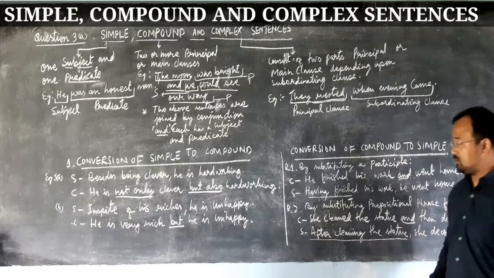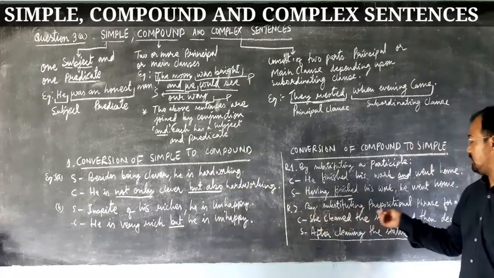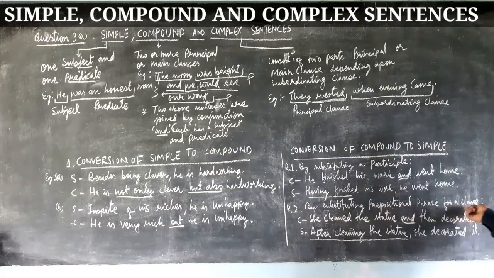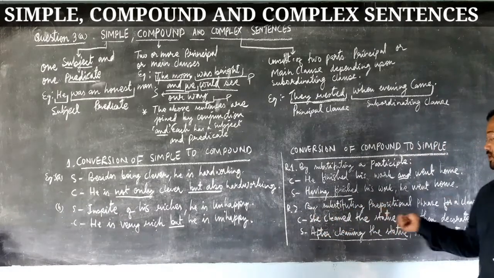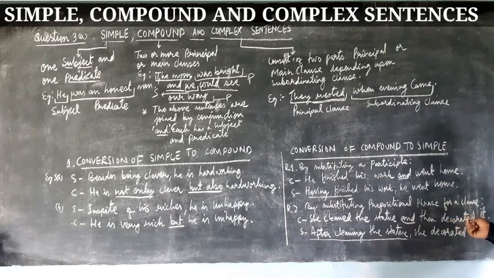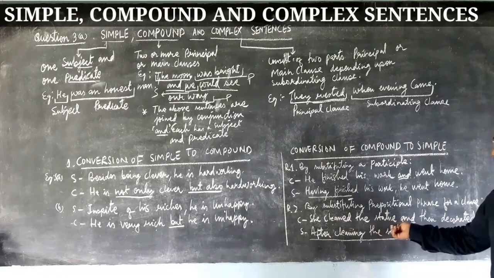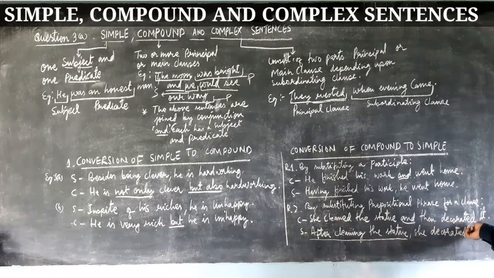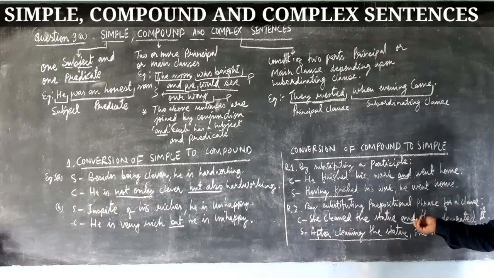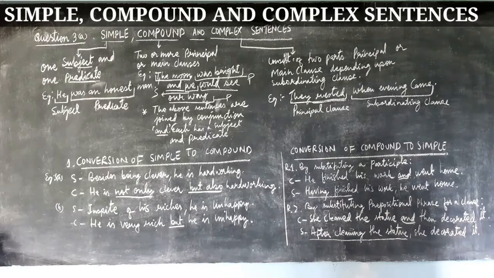Next one, rule number 2 says by substituting prepositional phrase for a clause. Now here you are substituting a prepositional phrase. Okay, like here she cleaned the statue and then decorated it. Like here and is again a conjunction, but there is a prepositional phrase also, and then decorated. Alright, cleaned the statue.